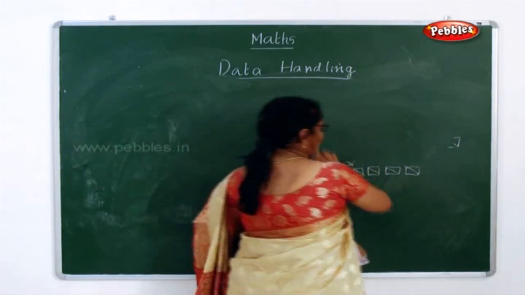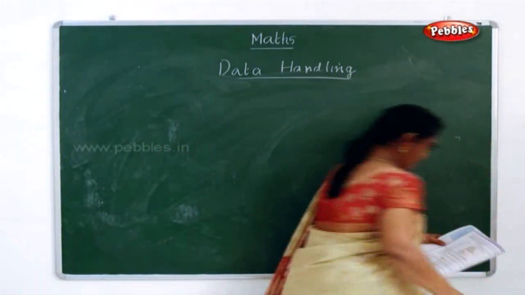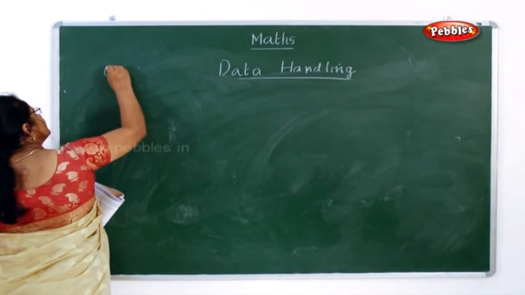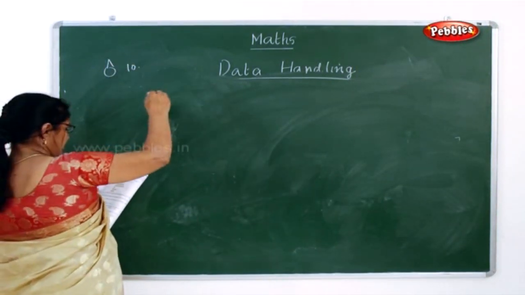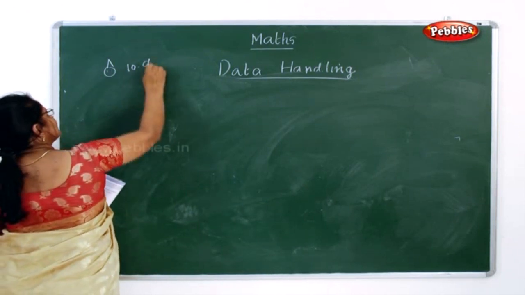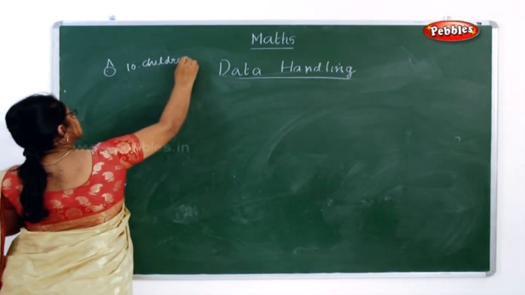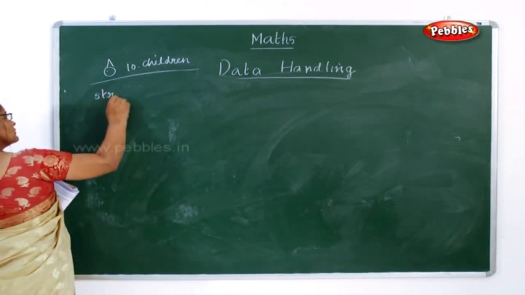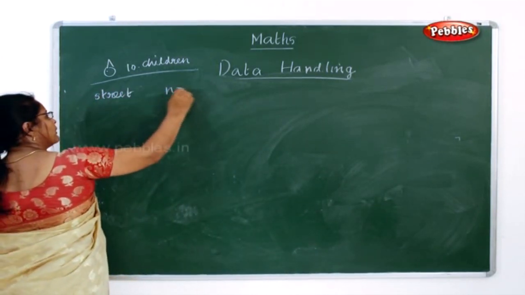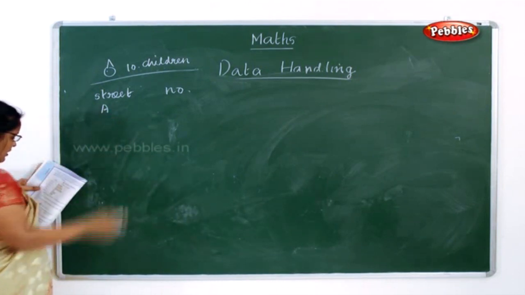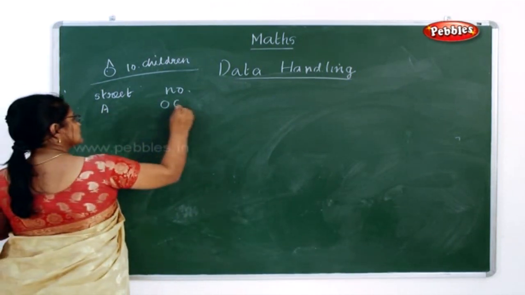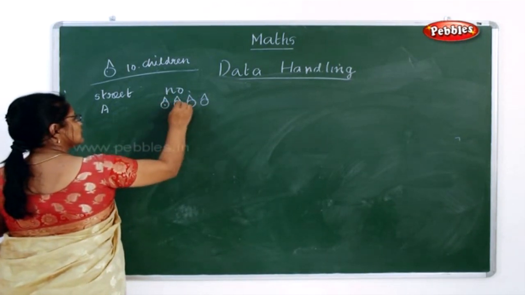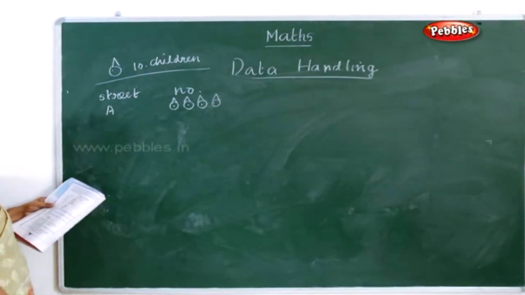Now, for that, the data given is street A. This represents 10 children. Okay, it represents 10 children. Now, street, then number. How many were there in street A?